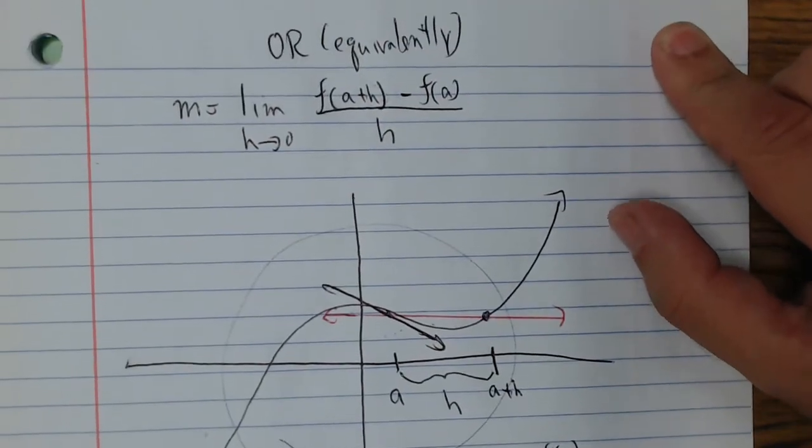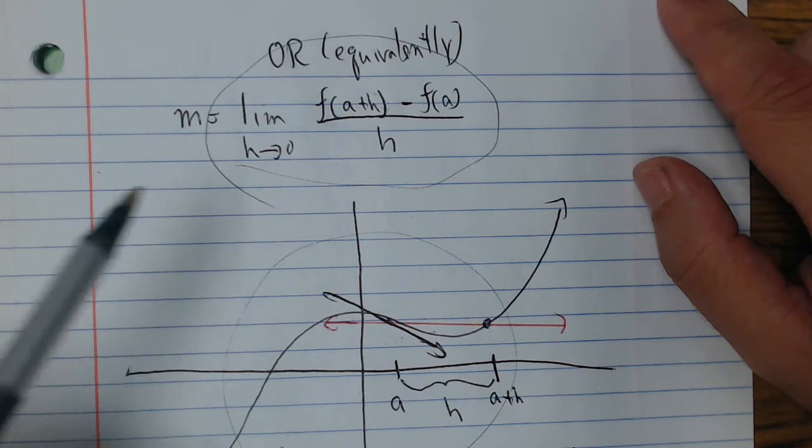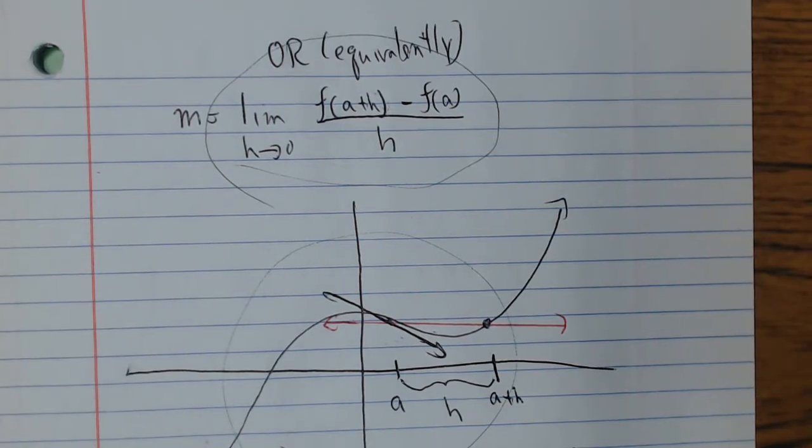Okay, so I'm going to stick to using this to find the slope of the tangent line, and you'll notice that that's basically something we're going to use over and over and over.